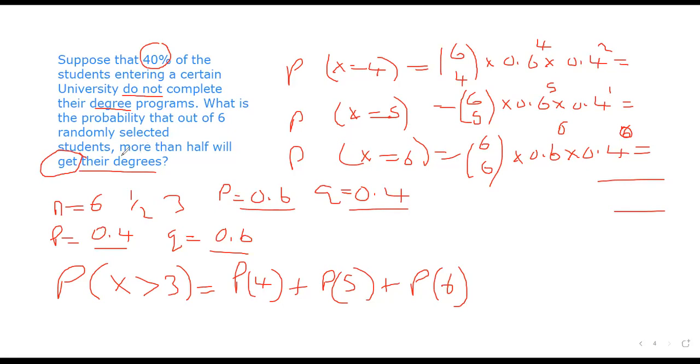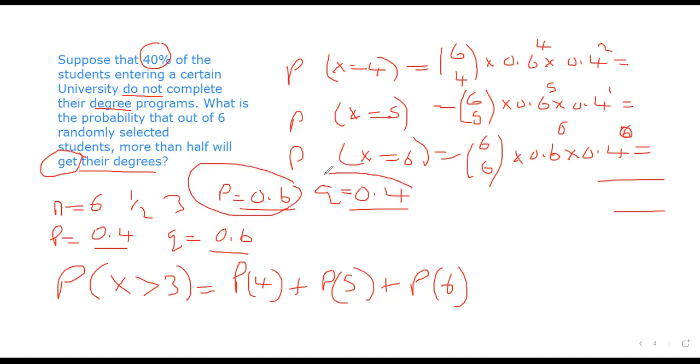So the questionnaire has changed now. If the question is asking, find the probability that more than half out of 6 who fail to get their degrees, you would do it the normal way. So to avoid you getting confused, I'll just swap it for you. So P is 0.6, which becomes the people who get their degrees.